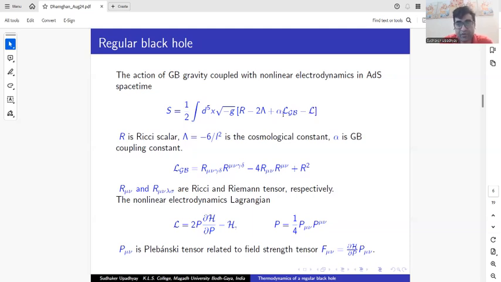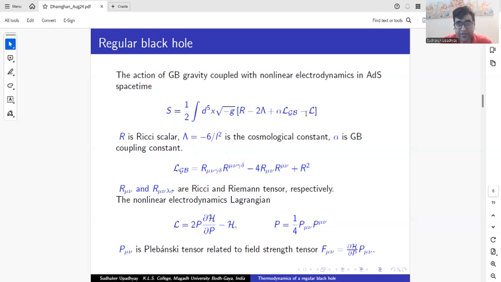The expression for the Gauss-Bonnet term is quadratic in the Riemann tensor, the square of the Ricci tensor, and the square of the Ricci scalar.